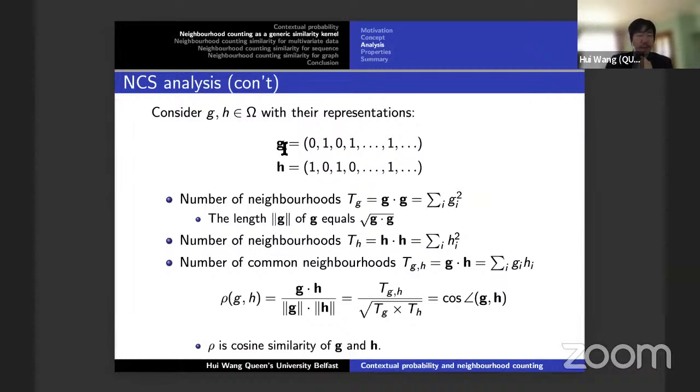This is the same for H. And the number of common neighborhoods for G and H can be calculated simply by multiplying the two vectors, like this. We can even normalize this number in this way, and actually this turns out to be the cosine similarity of the two vectors G and H.